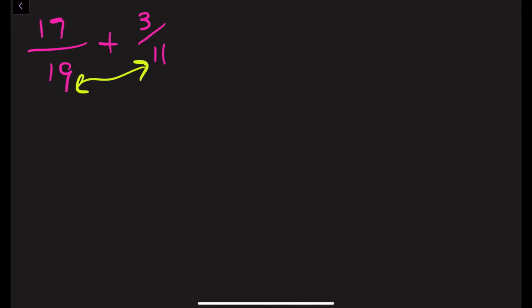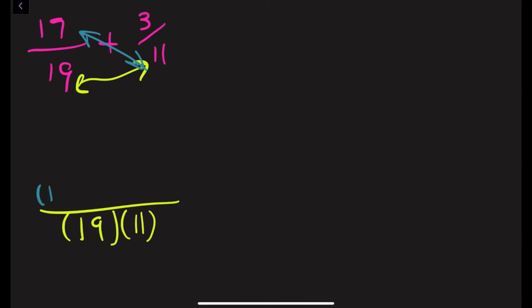Multiply the denominators together, that will result in 19 by 11. Then in the numerator we want to multiply 17 with 11, so that will give us 17 by 11, and then we want to add 19 times 3 to that.